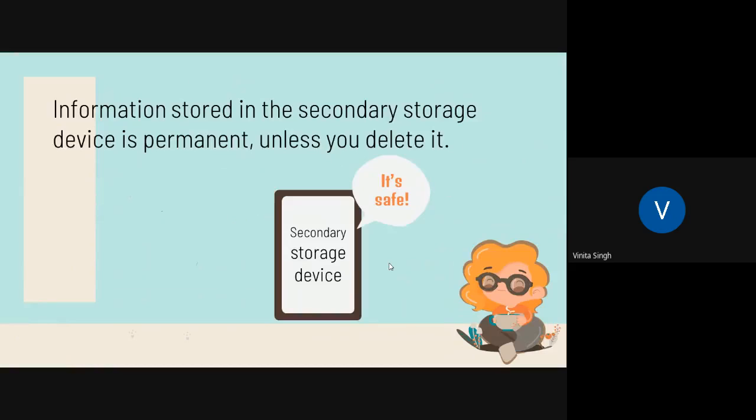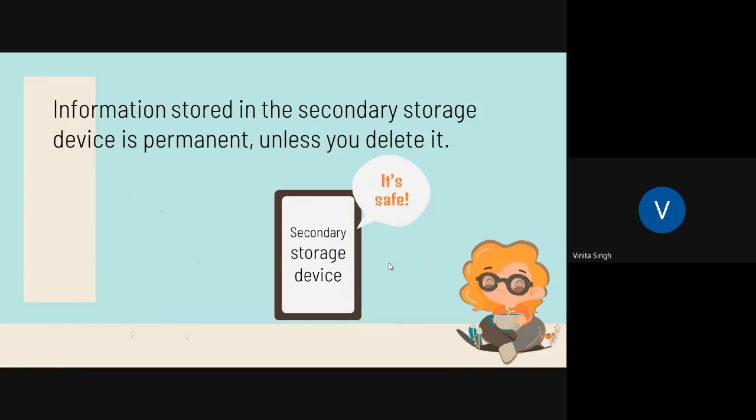The information stored in the secondary storage device is permanent unless you delete it. Or we can say that unless and until a user deletes a file from the computer, it will not be deleted. It will be present in the secondary storage device forever.